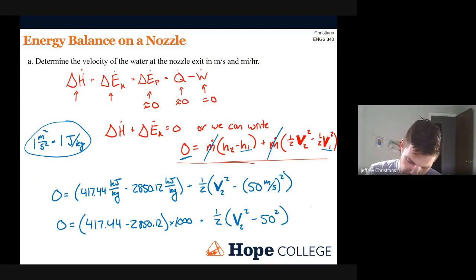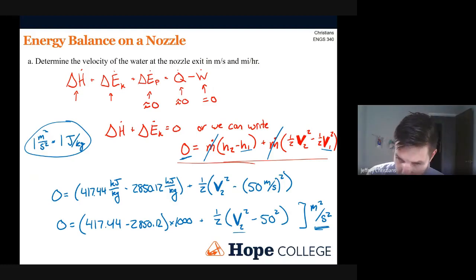And then this would all have units of meters squared per second squared, and we're going to be working in those units because we're looking for the velocity. I don't have a calculator in front of me to plug all this in, but it's fairly straightforward once you do.